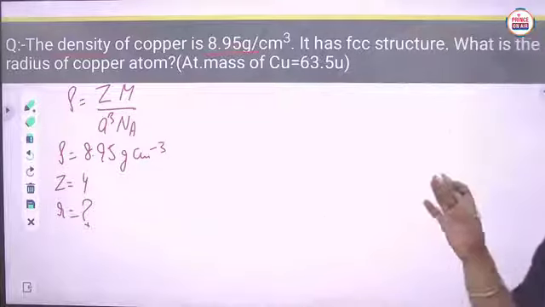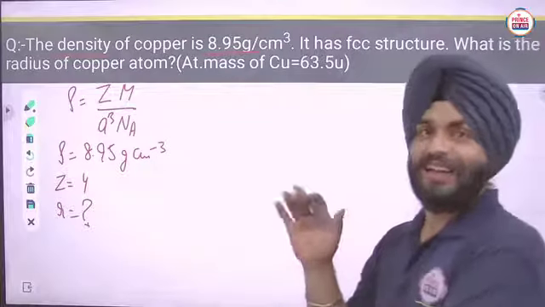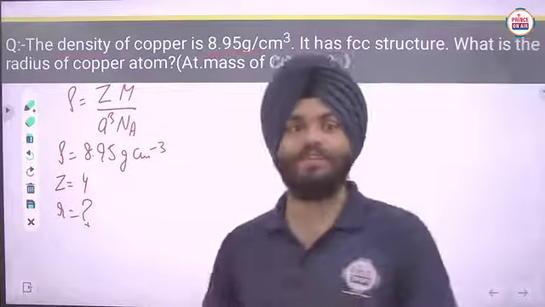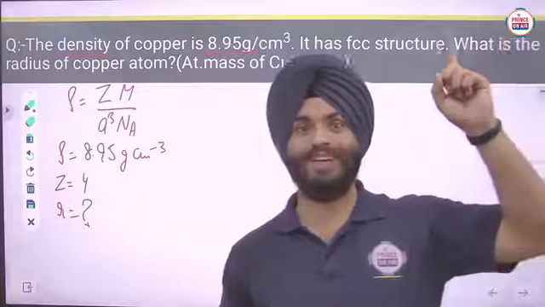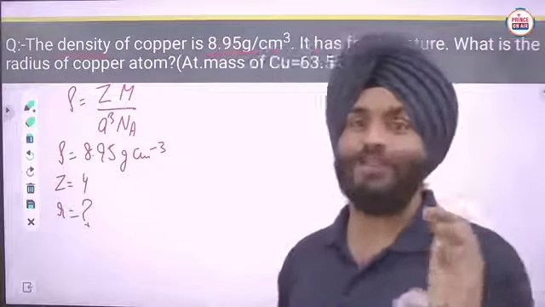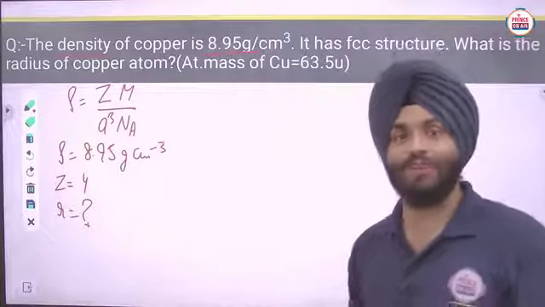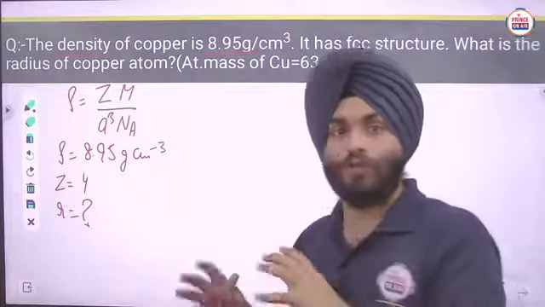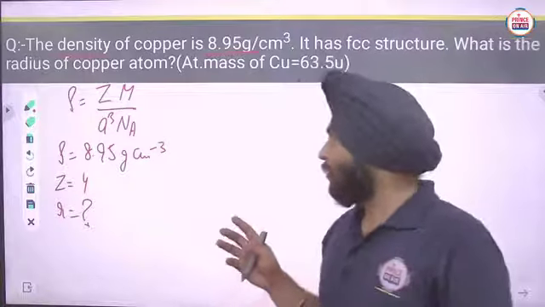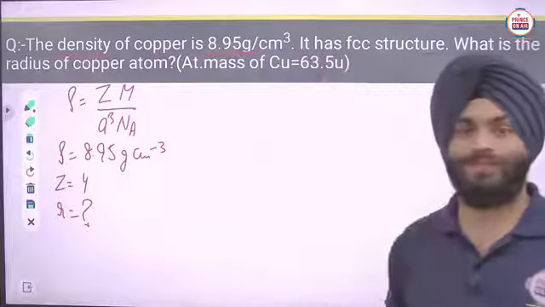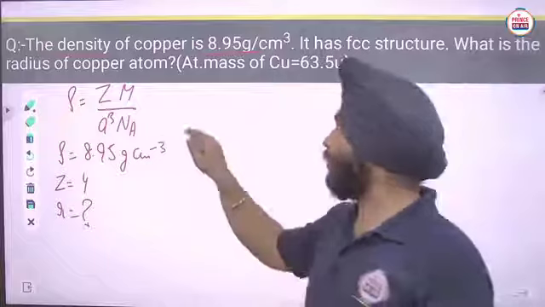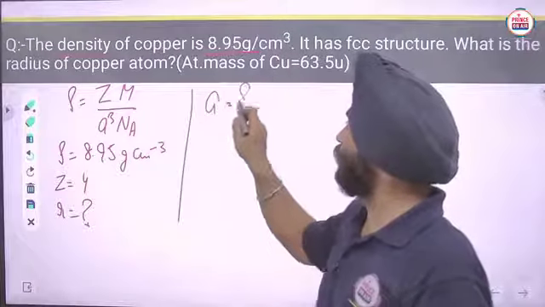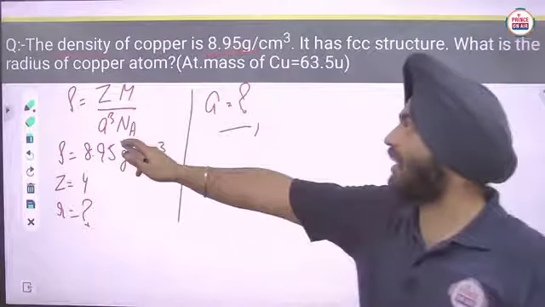We have discussed a question similar to this in the previous video, the first numerical in that previous lecture. If you want to solve this yourself, try to check that video. Here you just have to calculate the value of A. Firstly, you can calculate the value of A with the help of this formula.